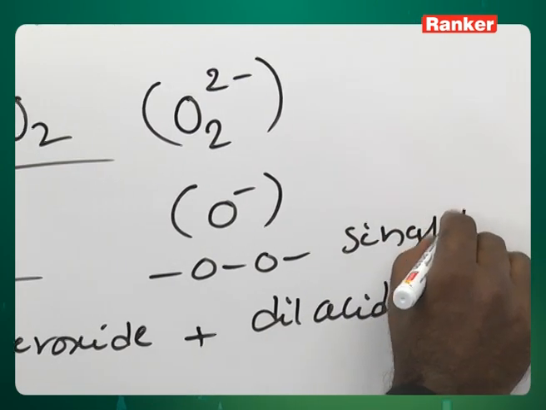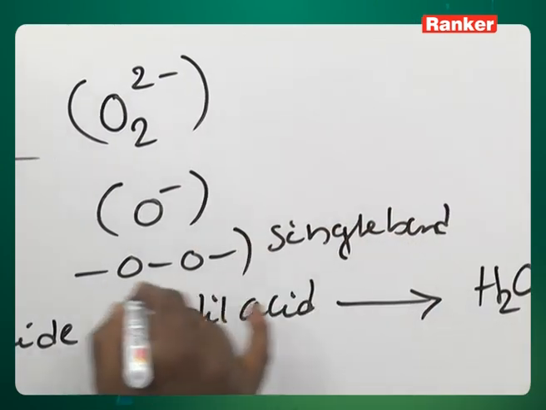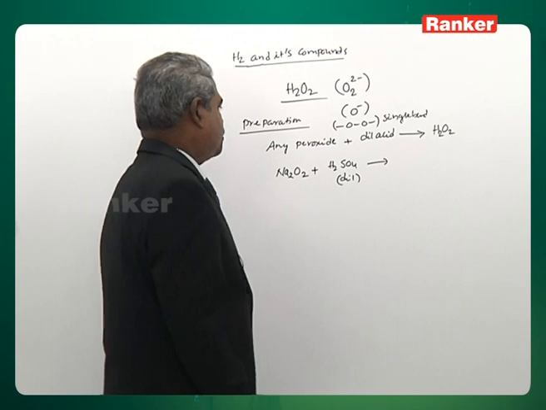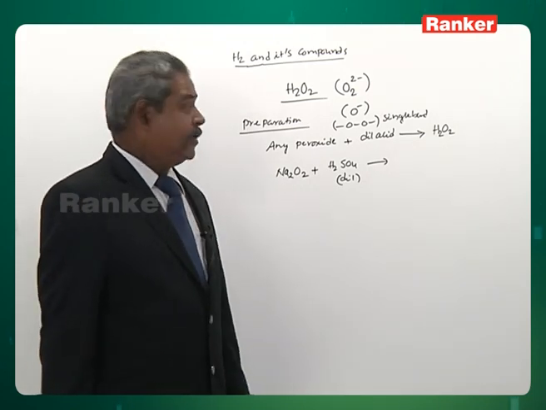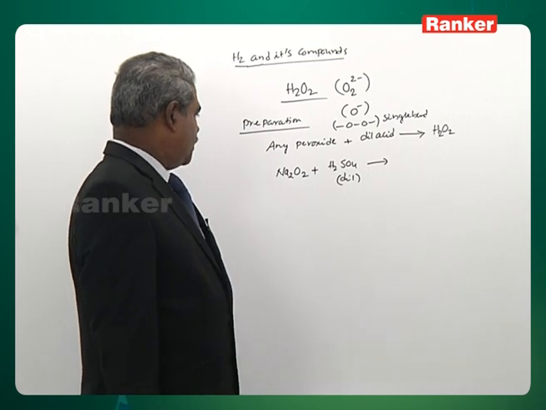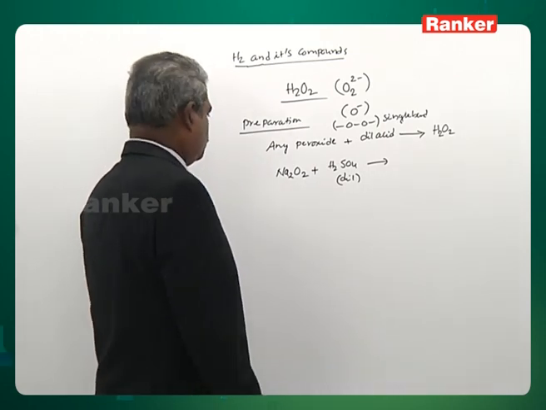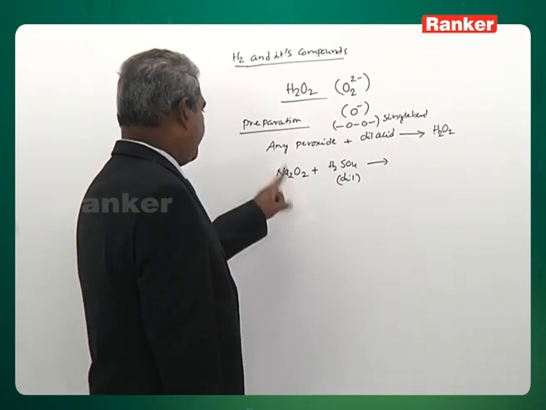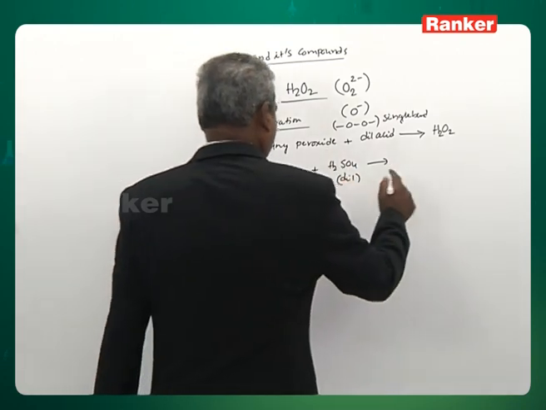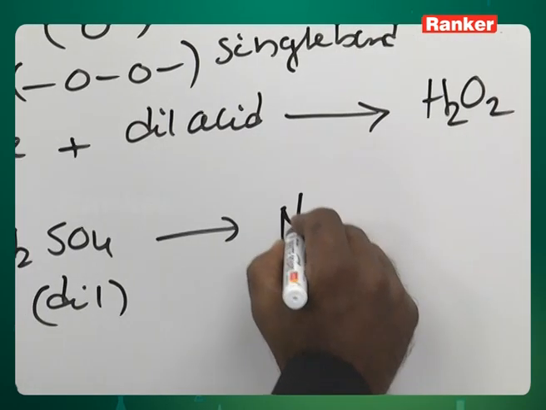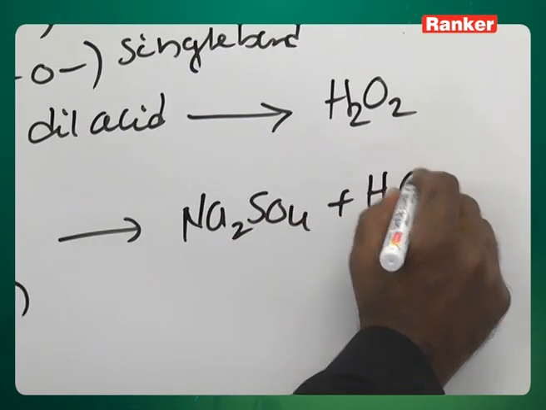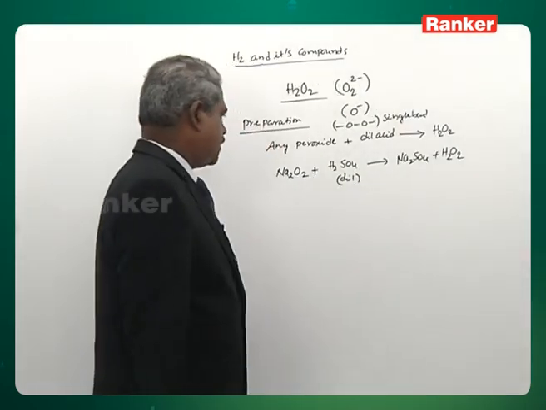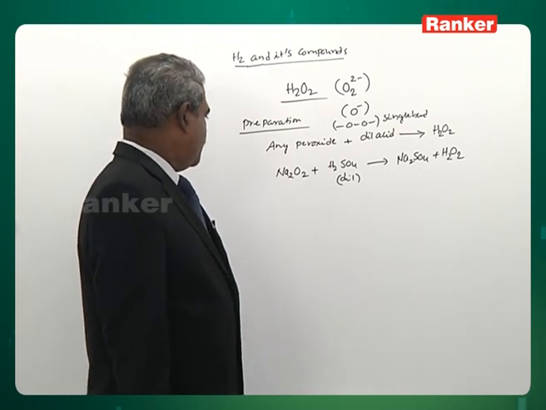There is a lot of chemistry in this oxygen single bond, compounds containing that peroxy bond, you will be surprised. Now, Na2O2 is a peroxide, so sodium peroxide plus H2SO4, you will get Na2SO4 plus H2O2. This is called the Merck's process, names not necessary.